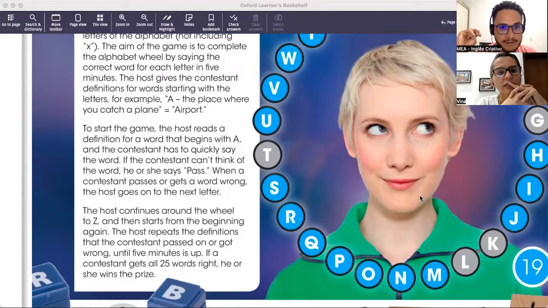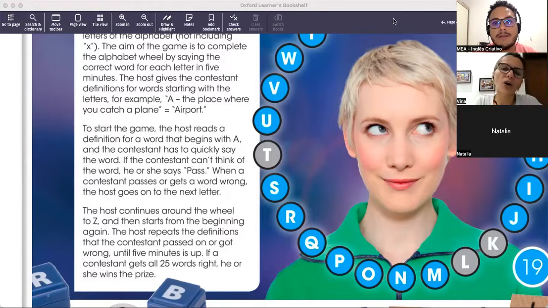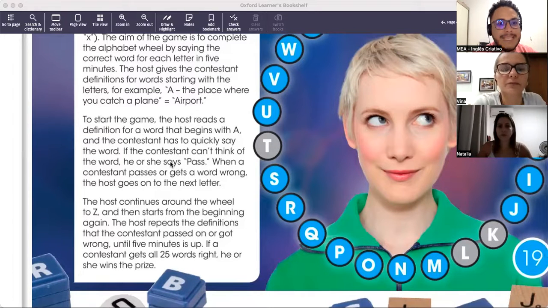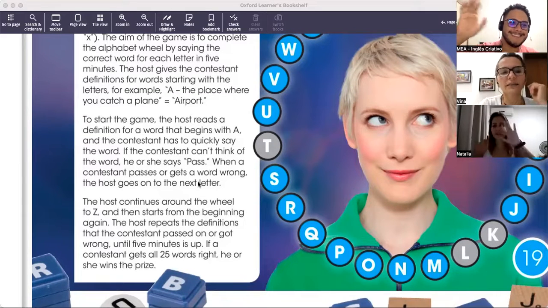If the contestant can't think of the word, he or she says pass.